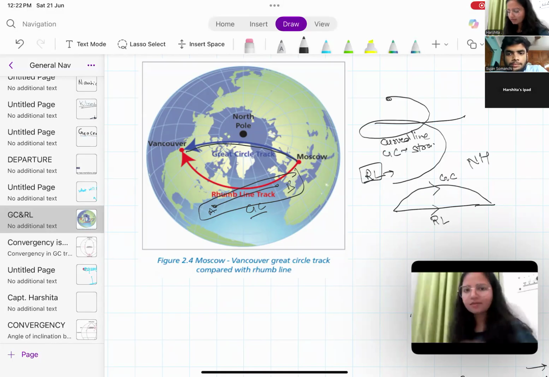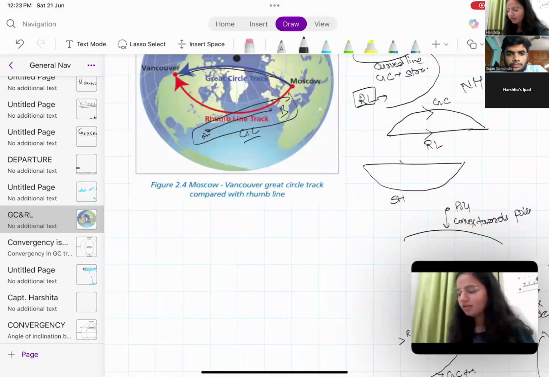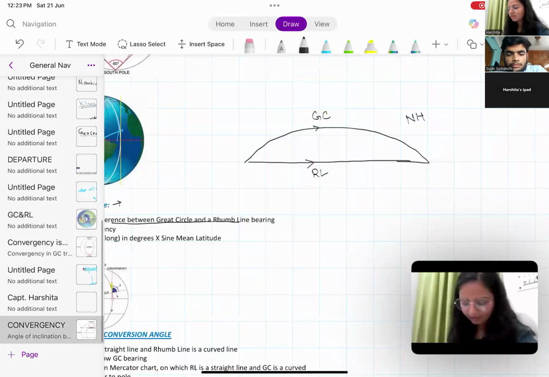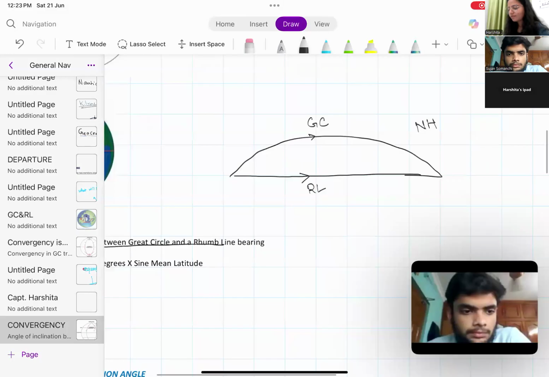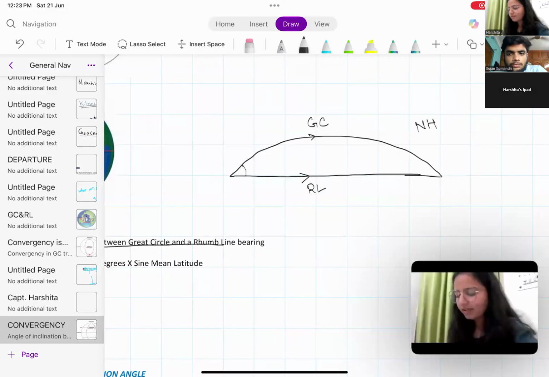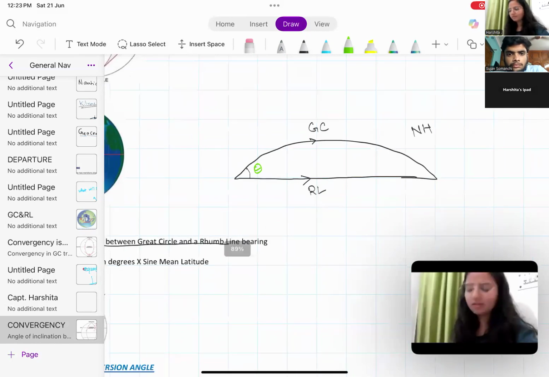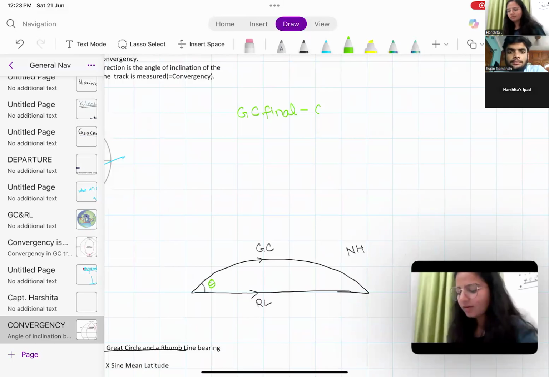First thing to remember is great circle final minus great circle initial. What does it give? It gives us the convergency. Not angle, it just gives us the convergency.